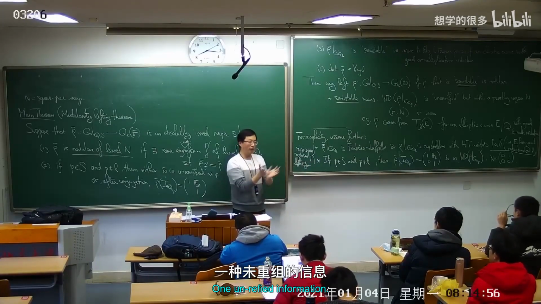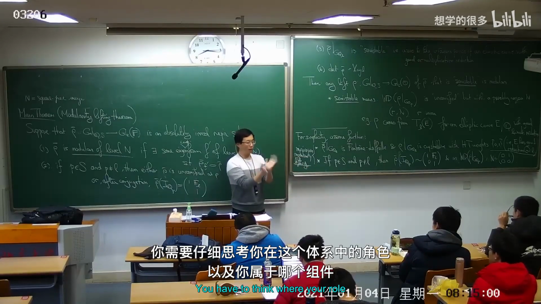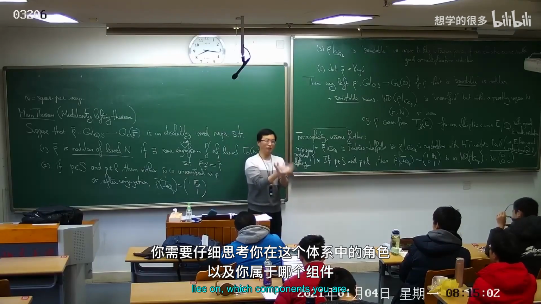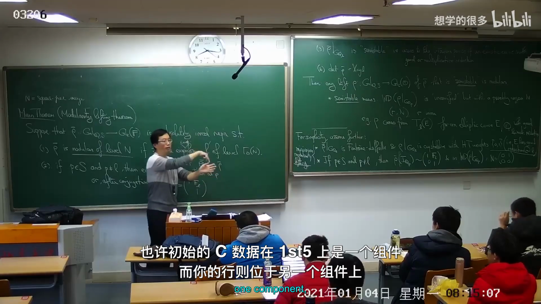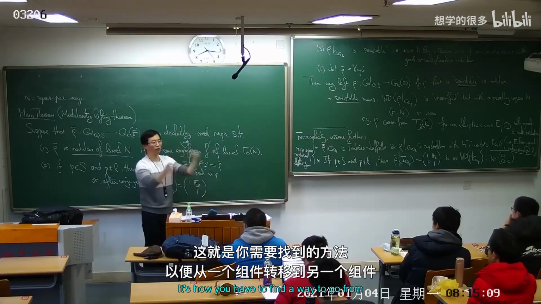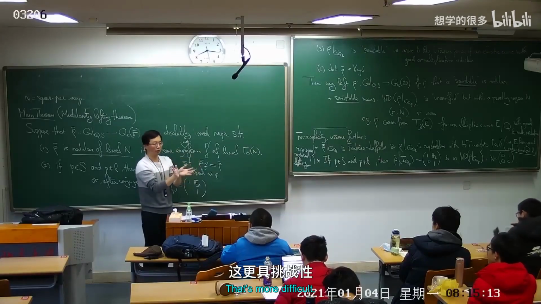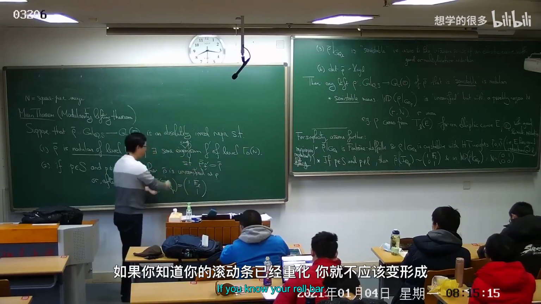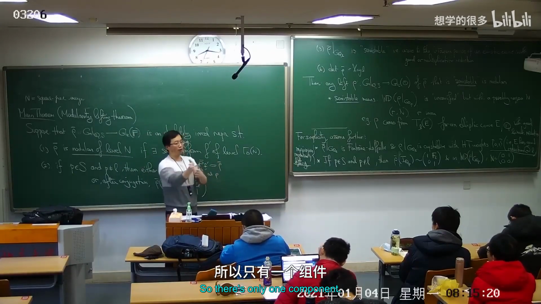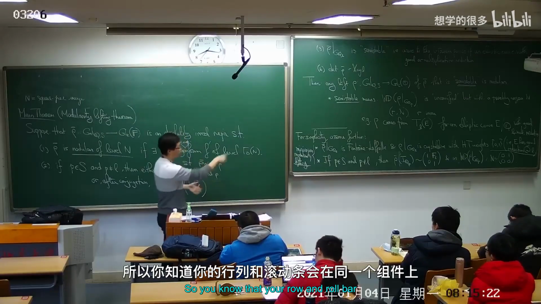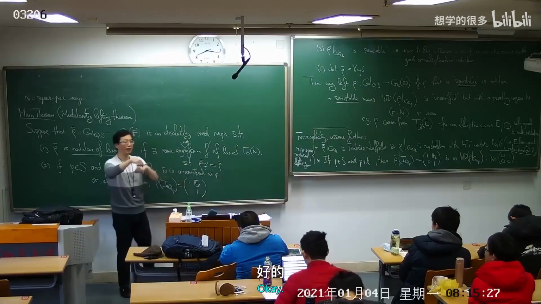So there are two components here. You have to think where your rho lies, which component you're on. Maybe the initial seed data f prime is on one component, and your rho is on the other component. So you have to find a way to go from one component to the other. That's more difficult. If you know your rho bar is already ramified, you cannot deform into something unramified. So there's only one component. So you know that your rho and rho f prime will be on the same component.